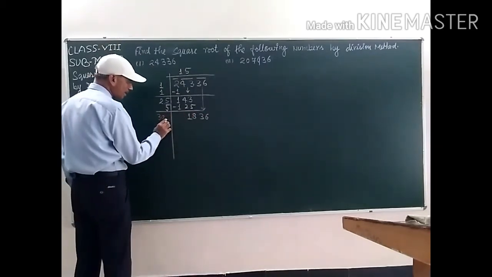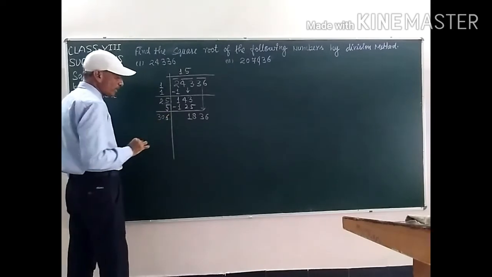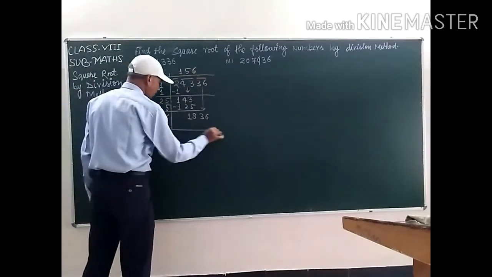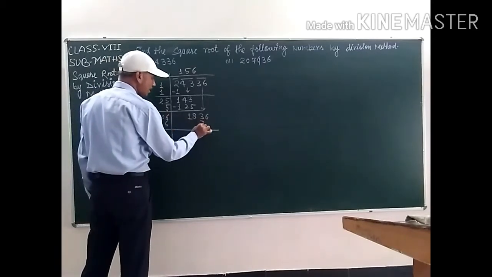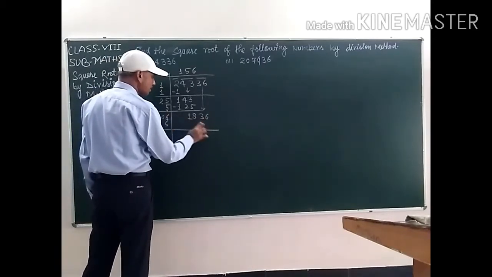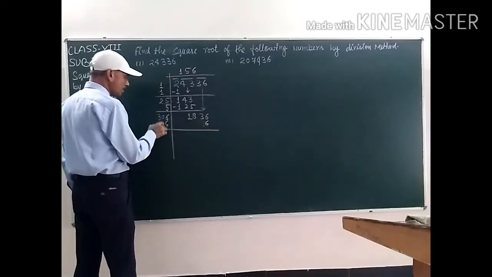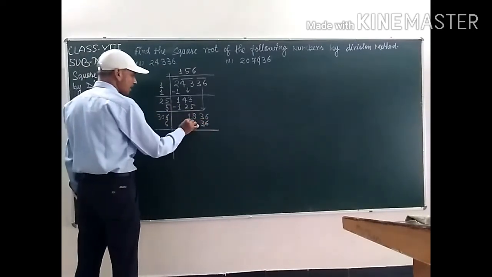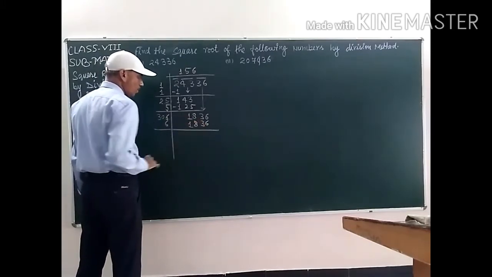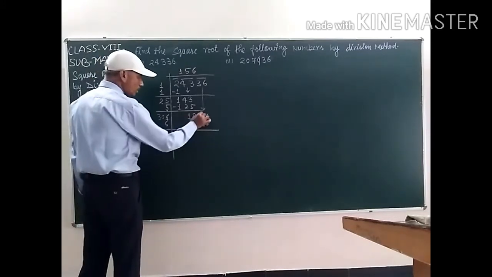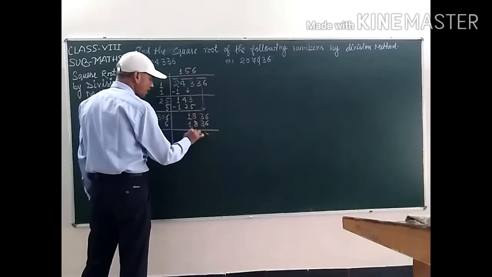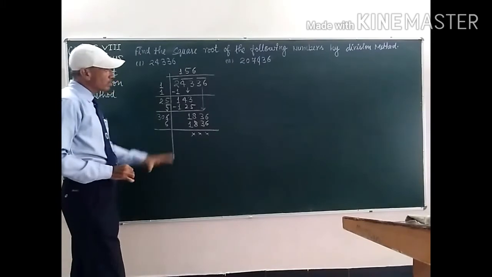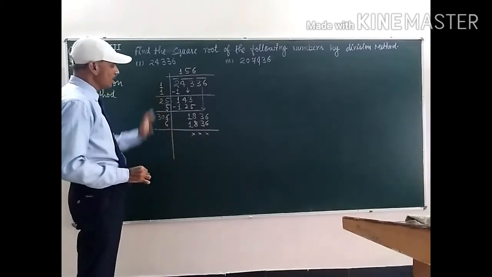So we are taking 6 here, and again 6 here. Now 6 times 6 is 36, then 6 0 and remainder 3, 6 times 3 is 18. Okay students, so no remainder is left here and our solution is completed here.